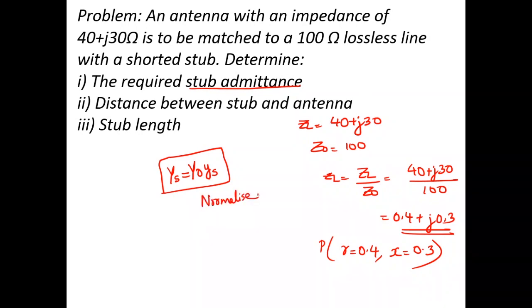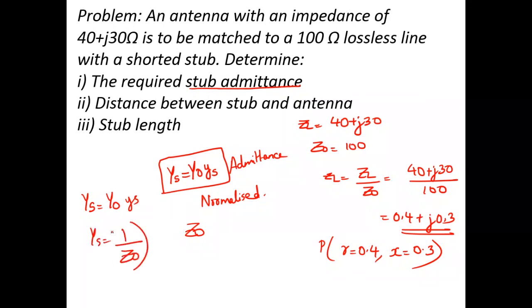So from the normalized value, to get the original value, you have to multiply. If it is an impedance value, you multiply with Z naught. Here, as all are admittance values, you multiply with the corresponding Y naught. This is equivalent to Y naught equal to 1 by Z naught, into YS.